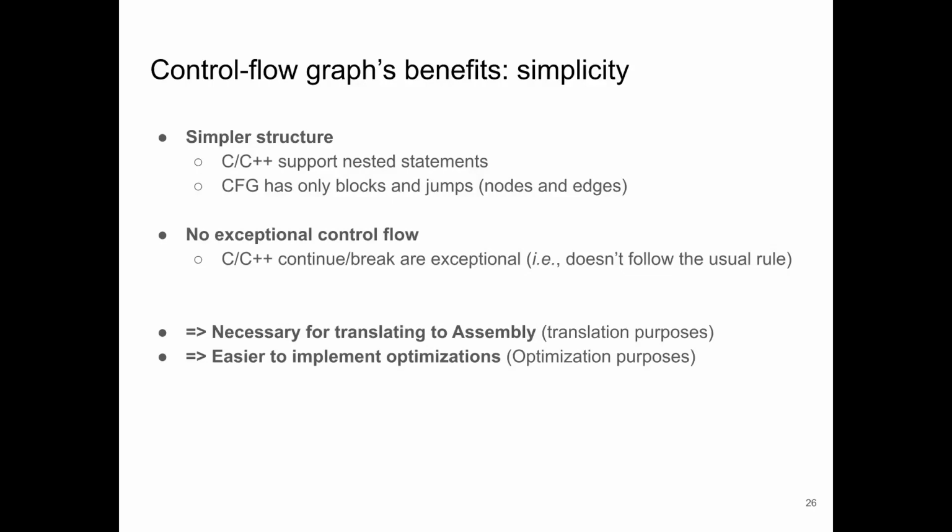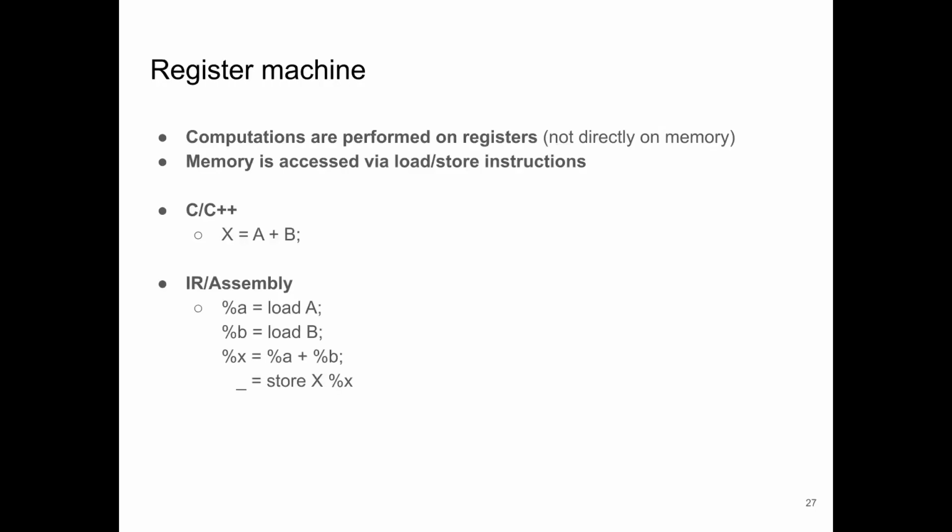Okay, now let's turn to the second characteristic of this IR language, that is registers. This IR is usually called a register machine because all computations like arithmetic operations such as plus, minus, division or multiplication are performed on registers instead of directly on memory.